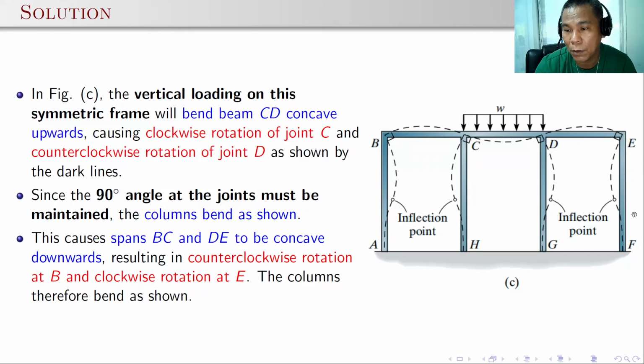So with the other side, because this is symmetrical. And of course for column CH, again we have to maintain the rigidity of the joint at point C. So since it has rotated that way, to maintain the 90 degree joint, there will be curvature here in this direction, and then a reverse curve so that it can connect to point H. Again, since this is symmetrical, these two elastic curves will reflect on the right hand portion.